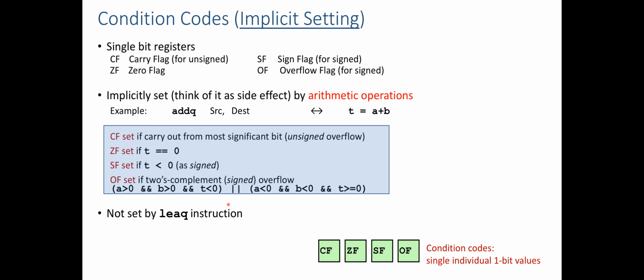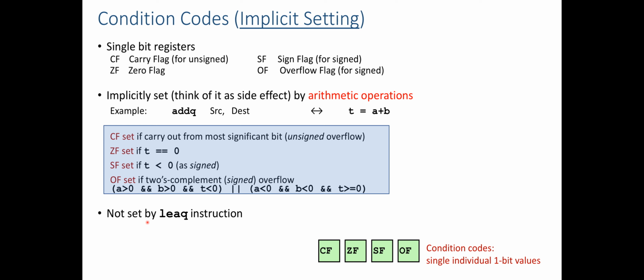And recall that overflow can happen when A is greater than 0 and B is greater than 0, but the result of adding them is less than 0. The other time that overflow can happen is when A is less than 0 and B is less than 0, and when we add them together, the result is greater than or equal to 0. So when these things happen, then the overflow flag will get set.